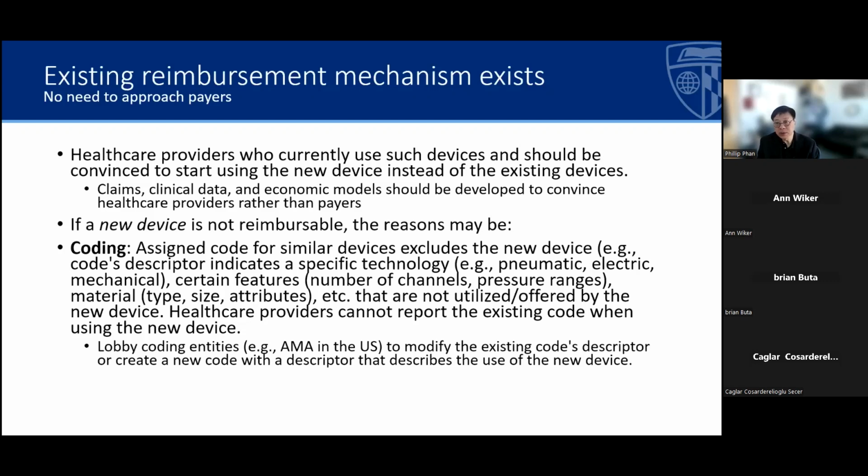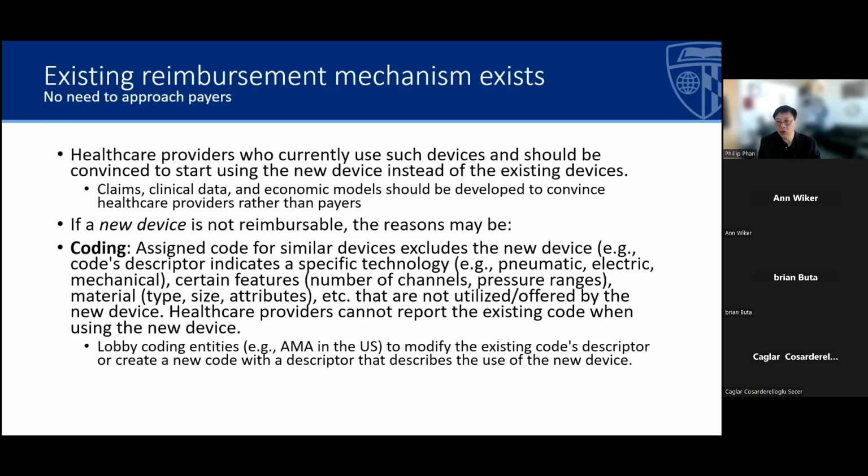Now, if you have a new device that's not reimbursable, even though a reimbursement mechanism exists, there could be a number of factors that I talked about. First of all, the coding itself, right? So the assigned code for a similar device that is already in the marketplace actually excludes the new device, right? So you look at the code's descriptor, it might specify a certain kind of technology.